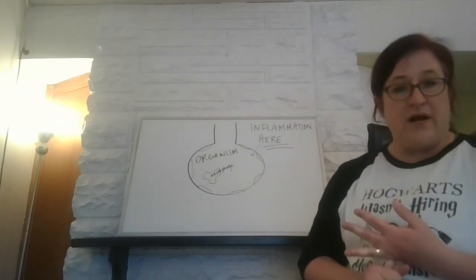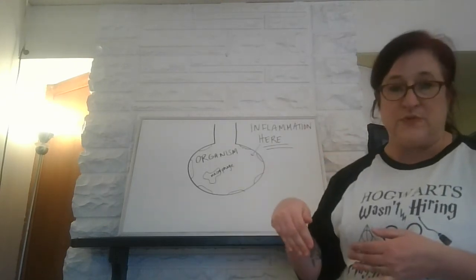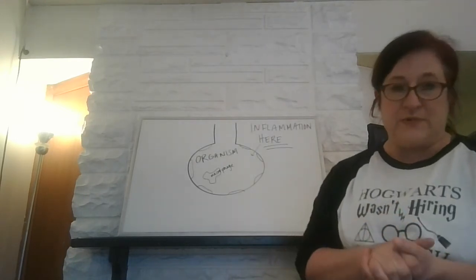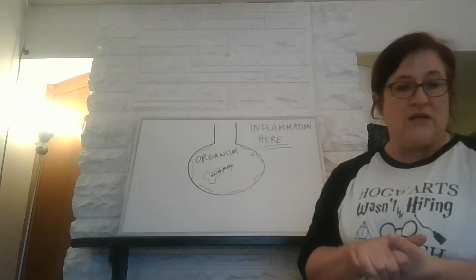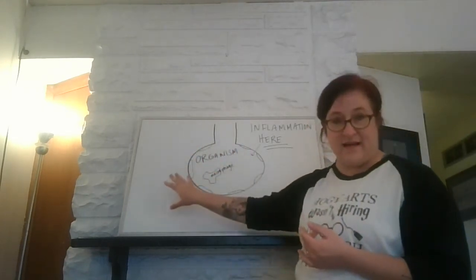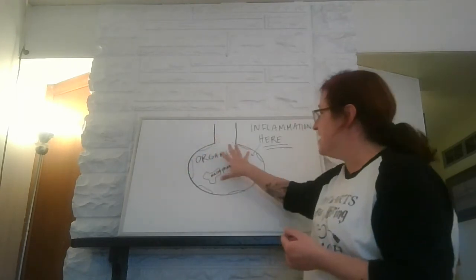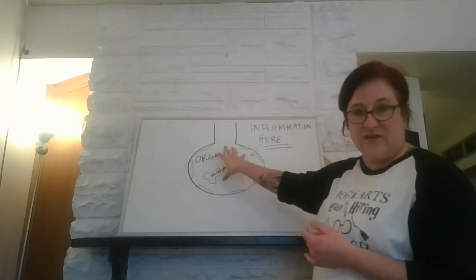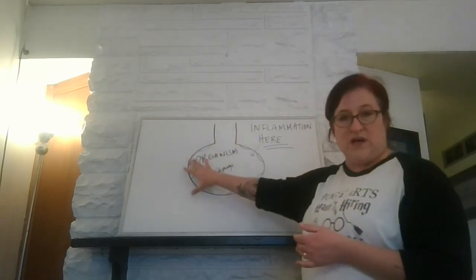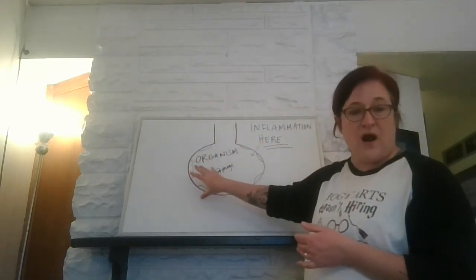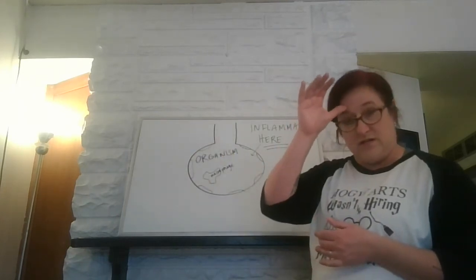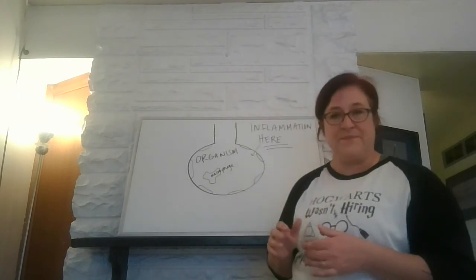Community acquired means it was not in the hospital or a long-term care facility. Lobular means that when you look at the x-ray, the infection is in the alveoli in one section of these lung lobules. Bronchopneumonia means it's several sections, so it's a more severe type of pneumonia.